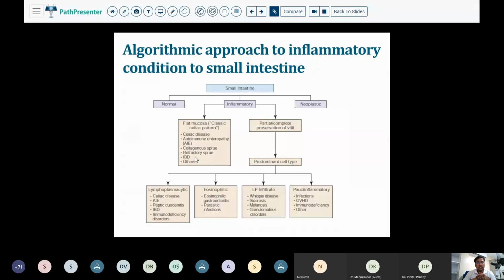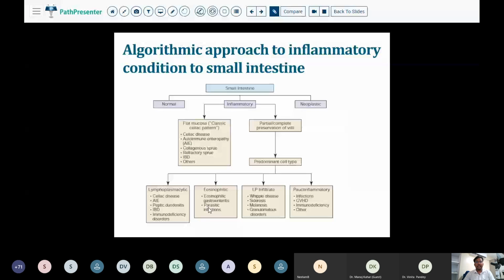Like in autoimmune enteropathy, you will see absence of goblet cells or Paneth cells. And in IBD, there will be crypt architectural disturbance. And then if there is partial or complete preservation of villi, according to the predominant cell type there will be many possibilities. Almost every disease is included according to the predominant cell type.